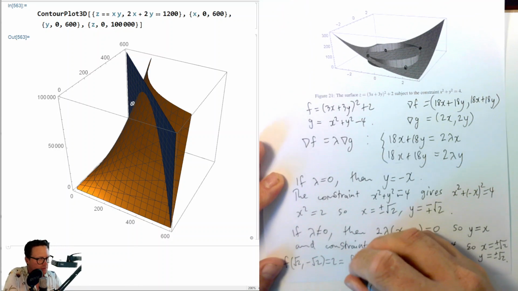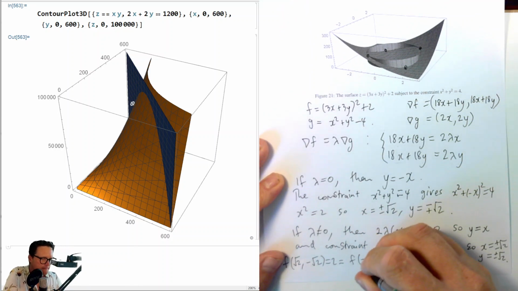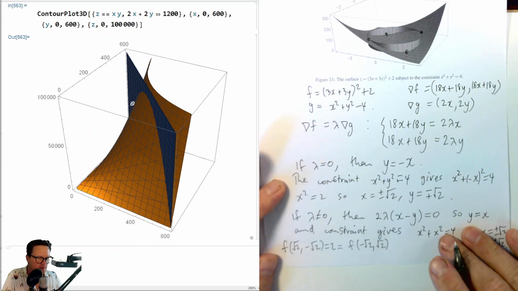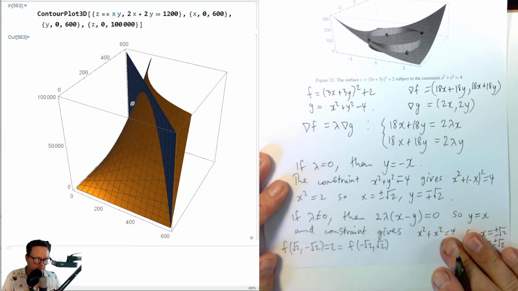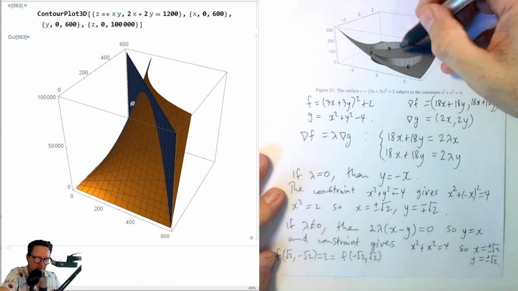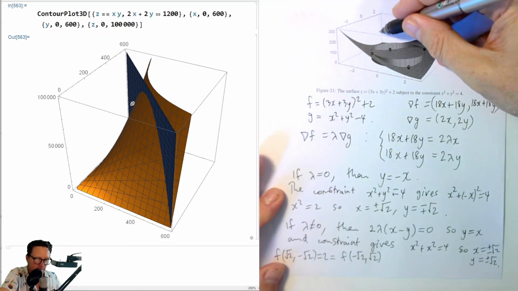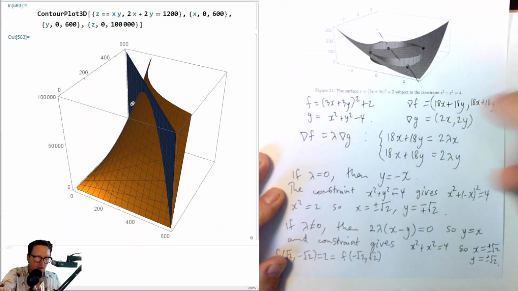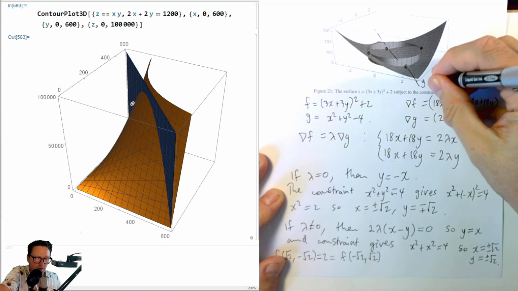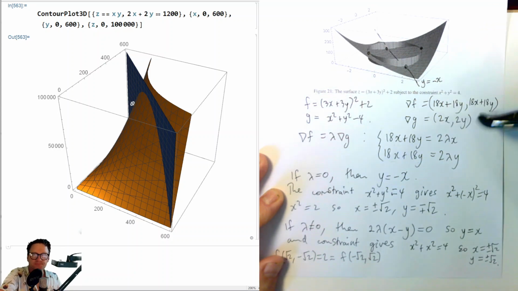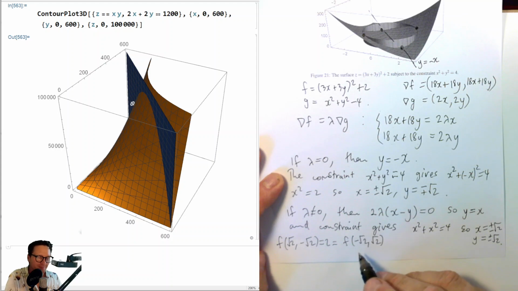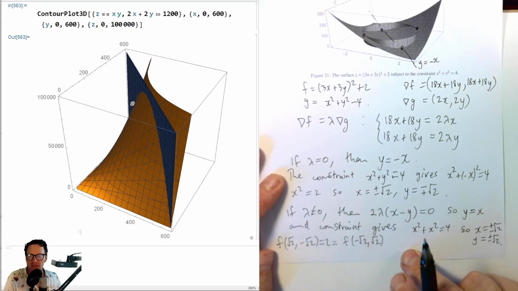And that's equal to f of minus root 2 comma root 2. Okay, so in that case we get 2, and that's our minima. We already know this from the previous example, that our minima occurred along the line y equals minus x. Okay, so we already knew that. So now we're getting this via Lagrange.